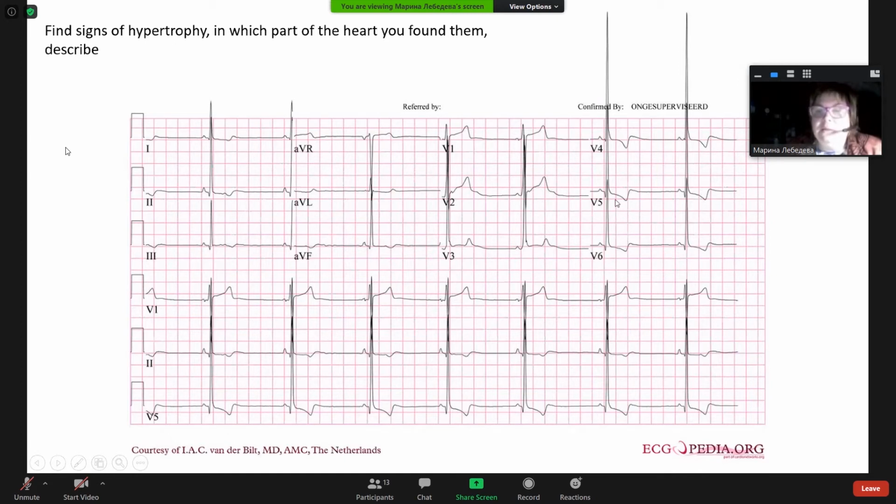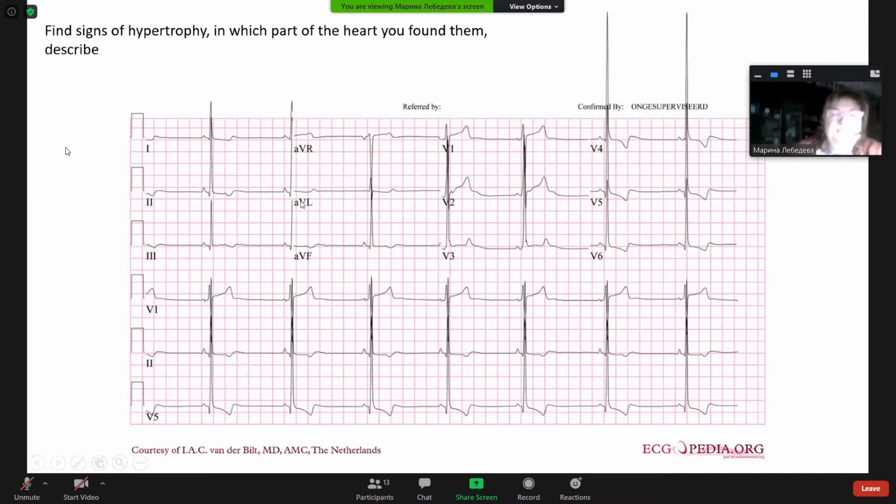Plus S in V1 also very deep. It is more than 35 if we summarize R in V6 and S in V1. So hypertrophy of the left ventricle is present.